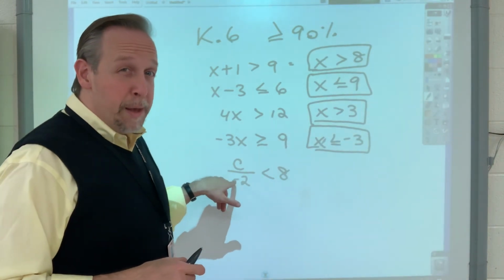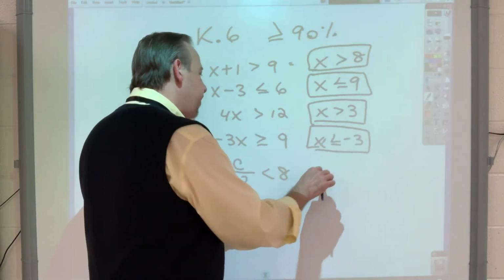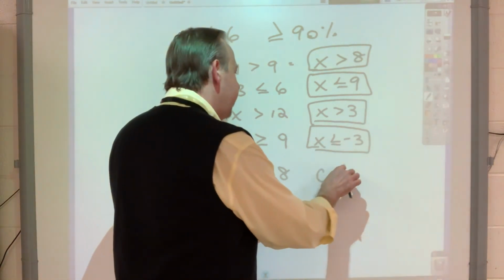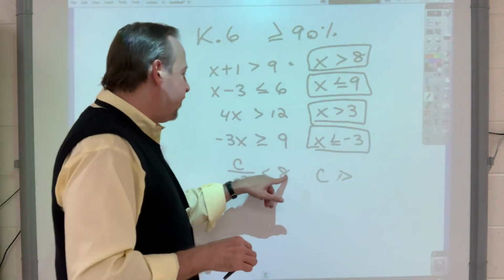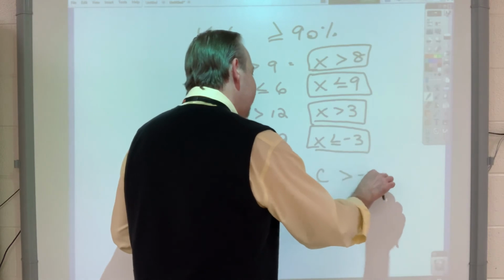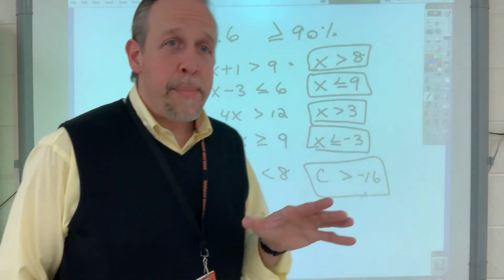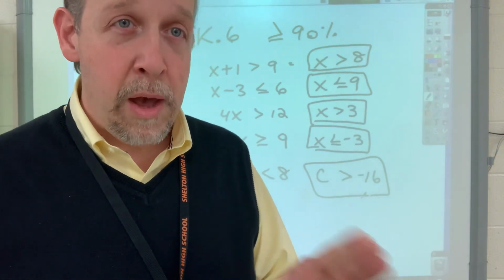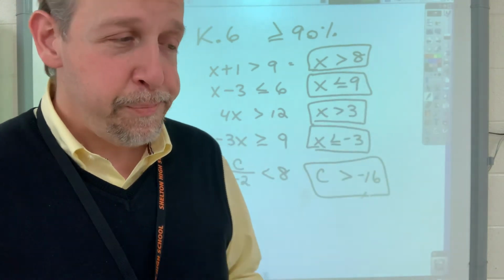I'm going to multiply both sides by negative 2. It's going to clear my fraction, so c is by itself. It's going to flip the symbol because it's a negative number I'm multiplying by, and negative 2 times 8 is negative 16. Those might be the hardest ones you have to do. But again, the strategy is just multiply by the denominator on both sides. If it was negative, flip the symbol around.